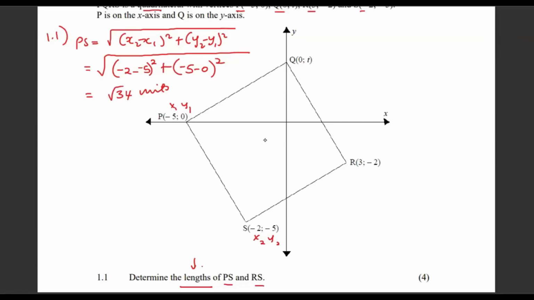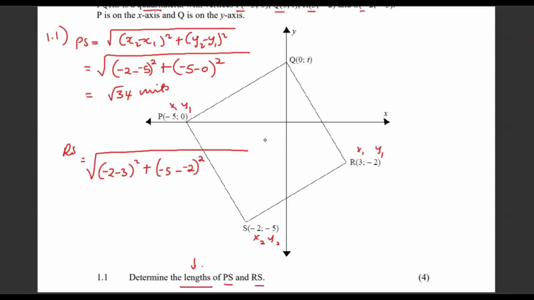Then I'll do the same with RS. If I call this x1 and y1, I'll do the same thing. I'm not going to write down the formula again since I already did that. So x2, which is -2, minus 3, squared, plus y2, which is -5, subtracting y1, which is -2, squared. Some people prefer putting the negative part in the brackets.